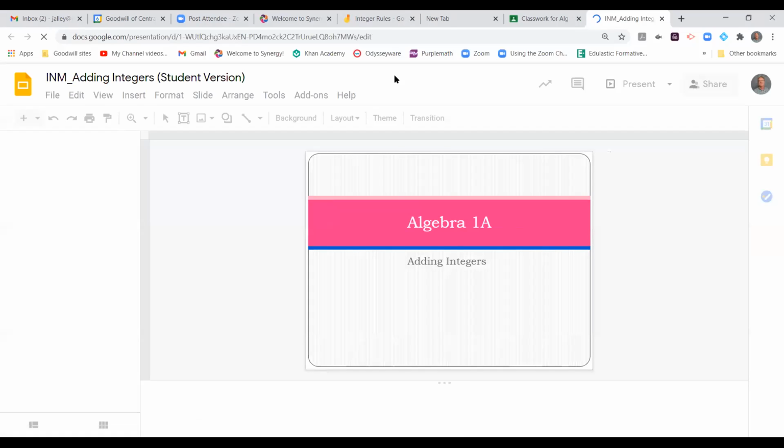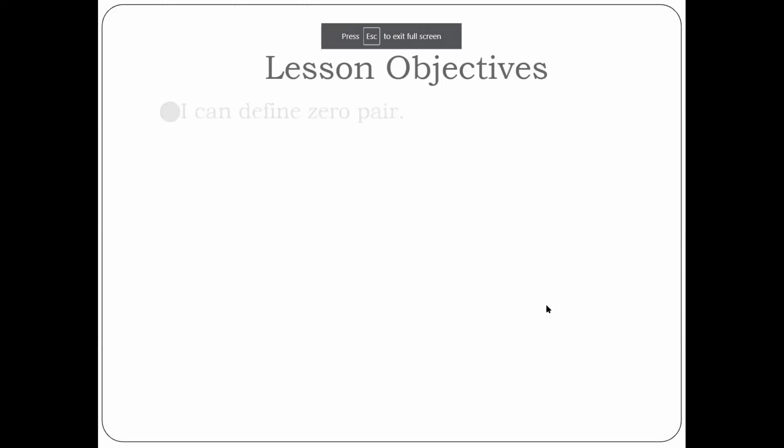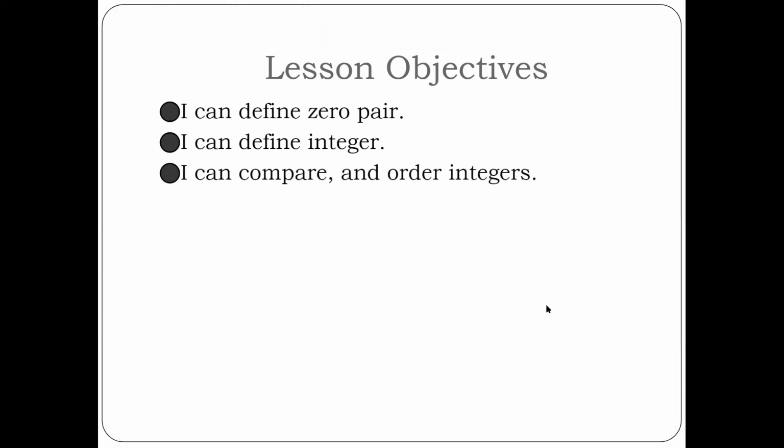Okay, so here's the first slideshow that goes through some of the rules involving adding. We're talking about adding. We're going to know what a 0 pair means. We've already talked about integers.